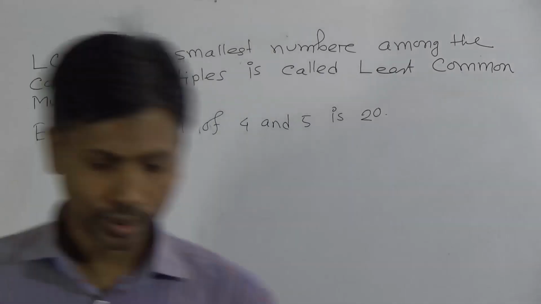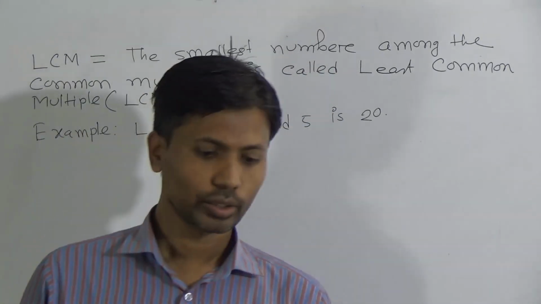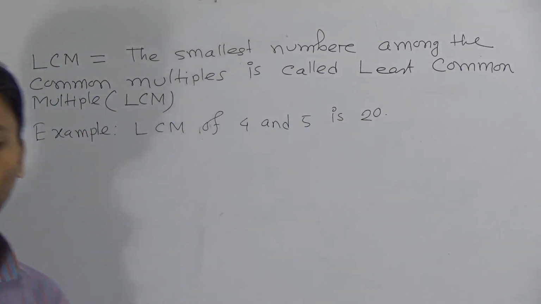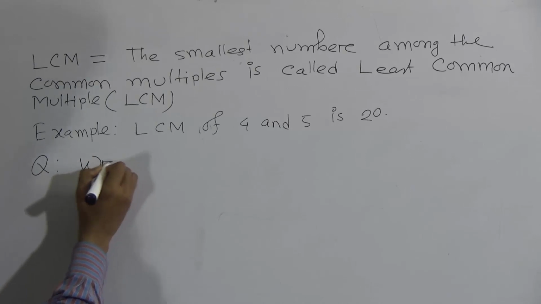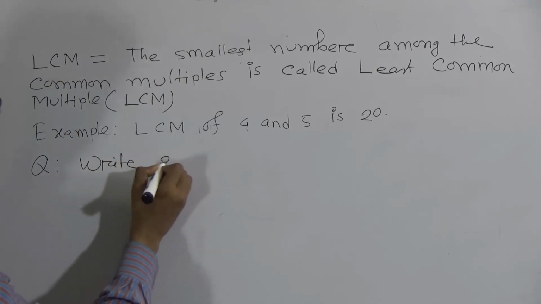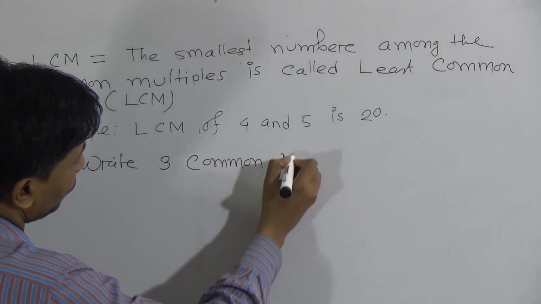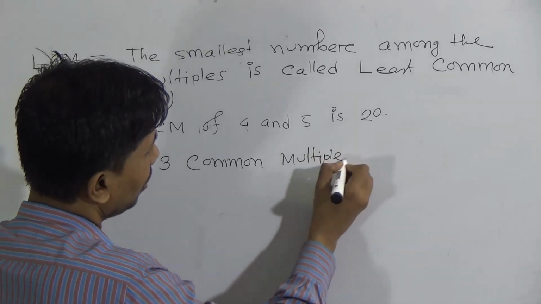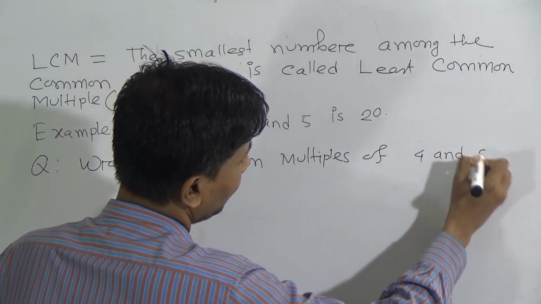Okay, student, please now open your book, page number 28, question number 1. You see, write 3 common multiples of 4 and 5.